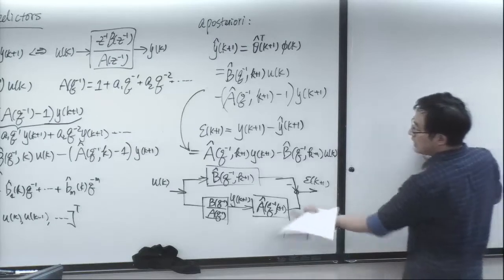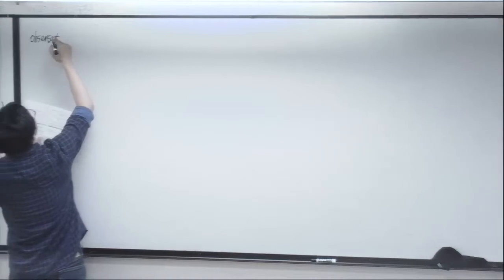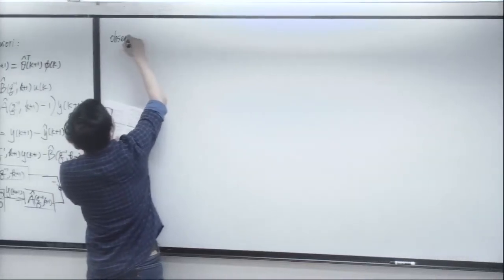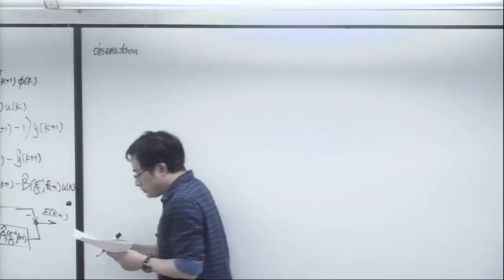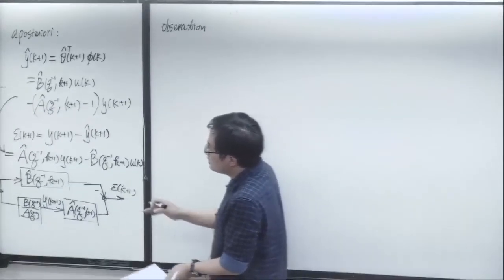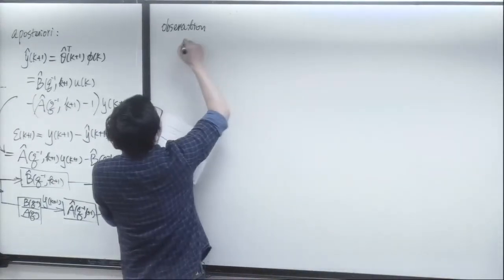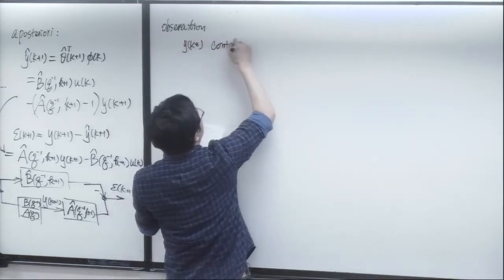And the way to do that is the motivation for this new structure that we're going to study today. Observation. So the observation is as follows. yk contains noise in practice.